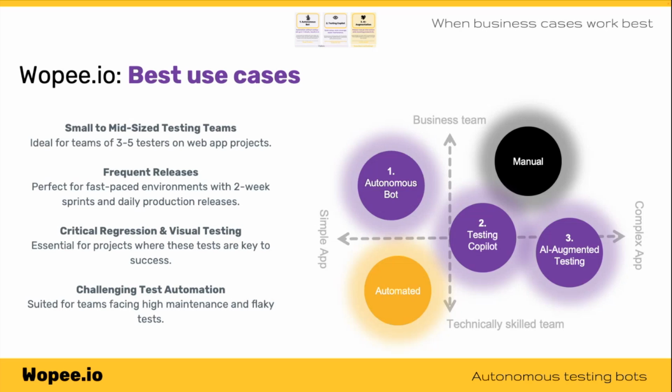And then this AI augmented testing, this is something where we pull out from our existing tooling some specific code, code snippets, modules or functionalities, and bring them to cover some more complex applications. And this one requires maybe the most advanced technical skills on our customer side, but we can cover pretty complex cases.